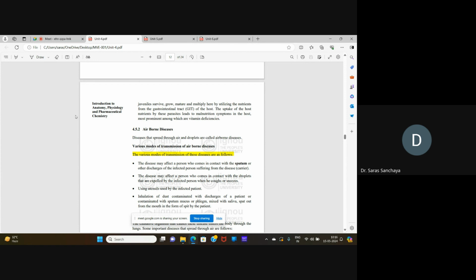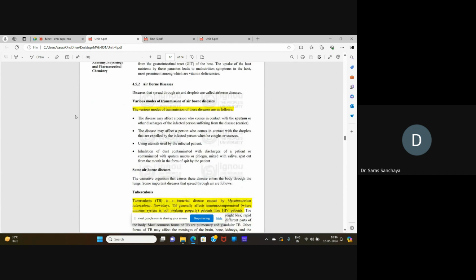The disease may affect a person who comes in contact with the droplets that are expelled by the infected person when he coughs or sneezes, or it can transmit by using utensils used by the infected persons, or by direct inhalation of dust contaminated with discharges of a patient, or contaminated with sputum, mucus, or phlegm mixed with saliva spat out from the mouth in the form of spit by the patient. So it can be by sputum, by droplets, by using utensils, or by inhalation of dust.